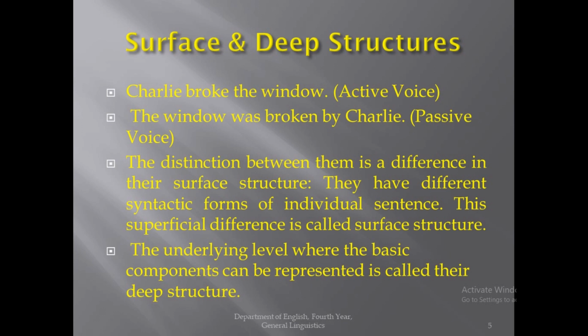Now, the underlying level, where the basic components can be represented, is called the deep structure, and the two surface levels of one underlying level can be called the surface structure. So what is the surface structure?